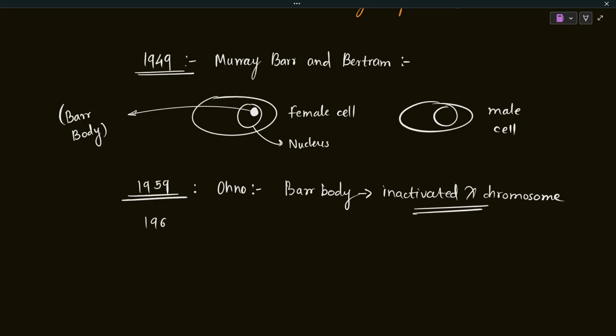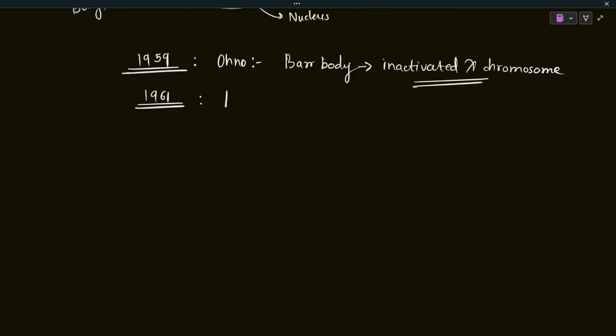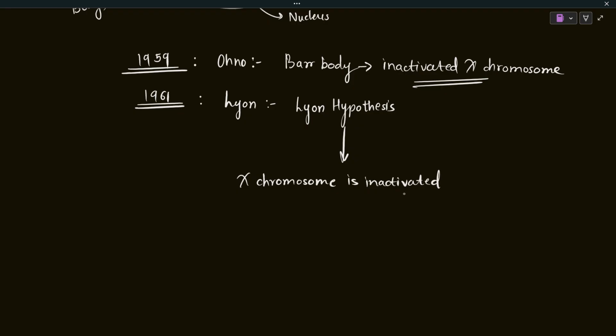Then in 1961, there was a researcher known as Lyon. She proposed a hypothesis which is called the Lyon hypothesis. Mary Lyon proposed a hypothesis that one of the two X chromosomes is inactivated, but the choice of the X chromosome which is going to be inactivated will be random.